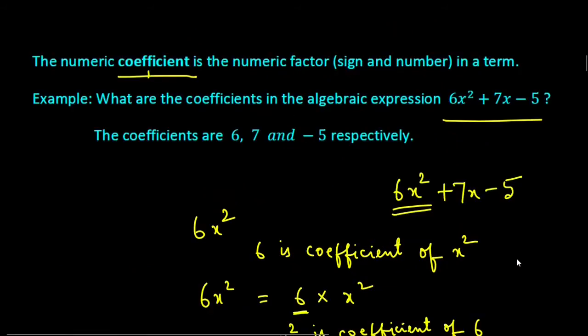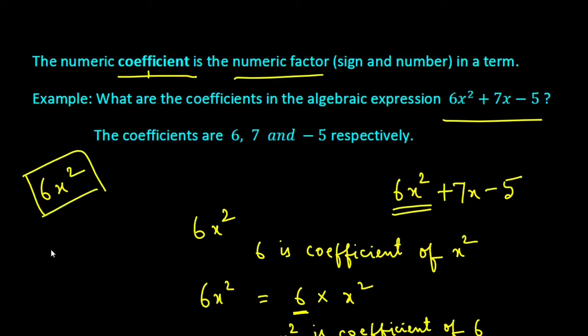In general, coefficient has this meaning, but generally we use coefficient for only the numerical factor. So in 6x square, if we are asked to find the coefficient, generally we say the numeric coefficient. The numeric coefficient is called coefficient in general. So the coefficient of 6x square is 6.